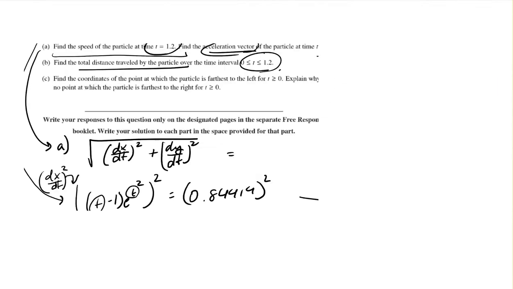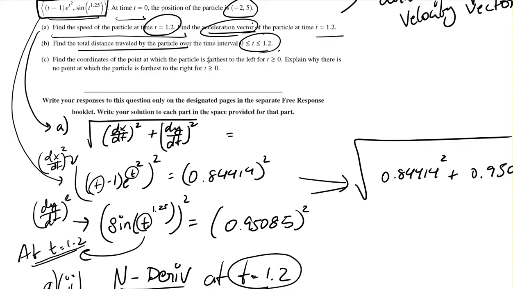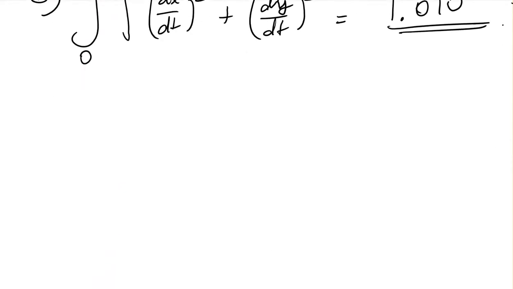And then C is a little trickier. Find the coordinates of the point at which the particle is furthest to the left, for t greater than 0. Explain why there's no point at which the particle is furthest to the right, for t greater than or equal to 0. So for C, it's asking for the particle furthest to the left, but t has to be greater than 0.